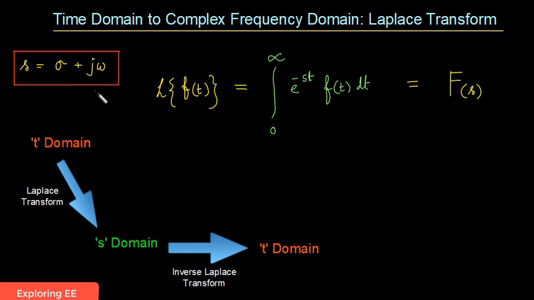If we know F(s), from F(s) the t domain function can be brought back by taking the inverse Laplace transform.